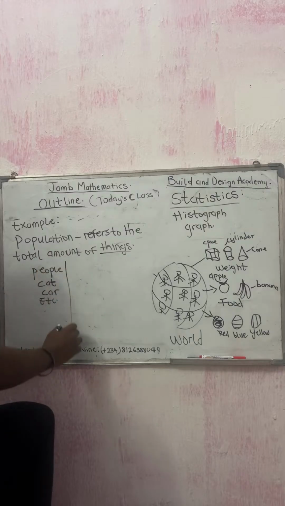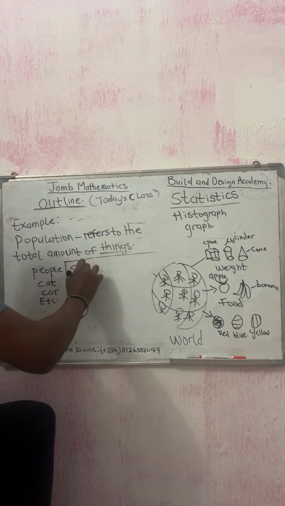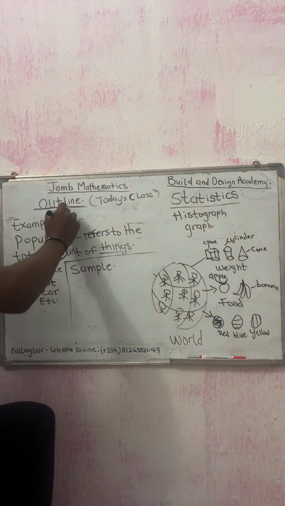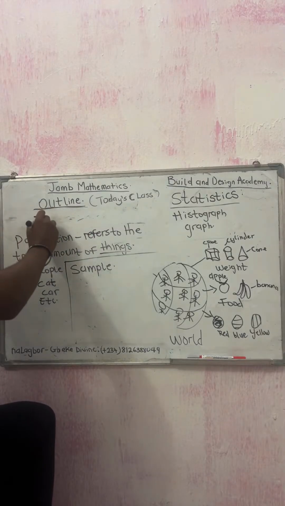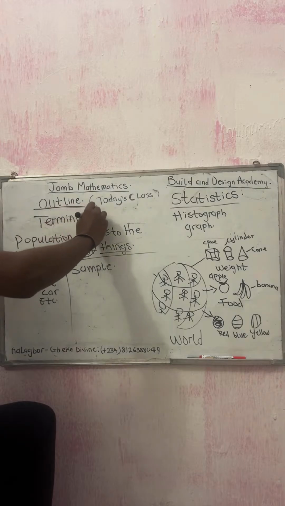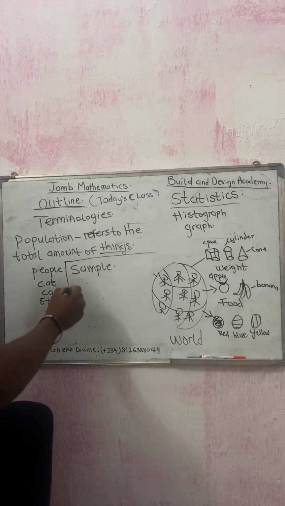So another thing you need to understand is sample. Instead of using example, let's use terminologies, because you'll be seeing these terminologies in statistics. So sample refers to the part of population that is used for study.